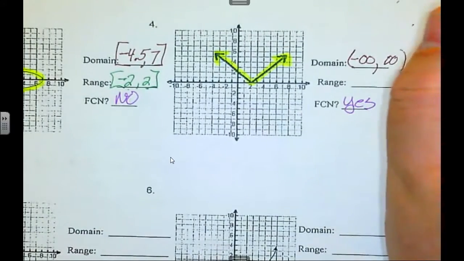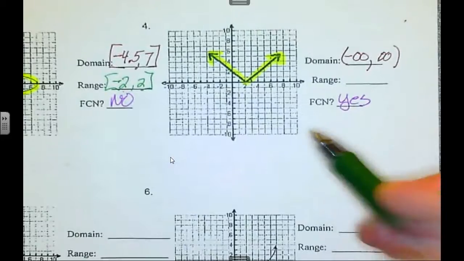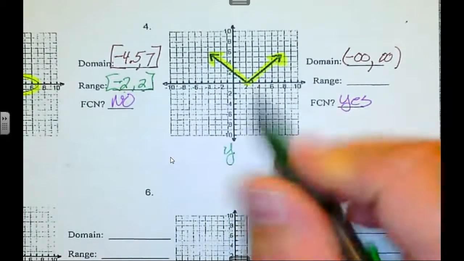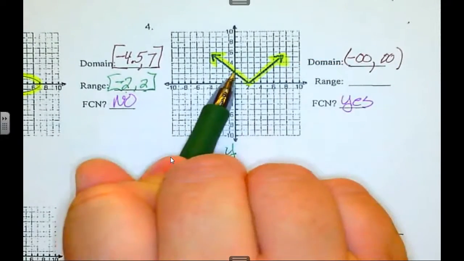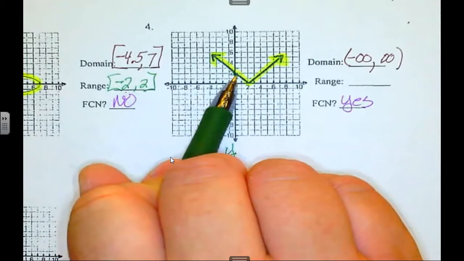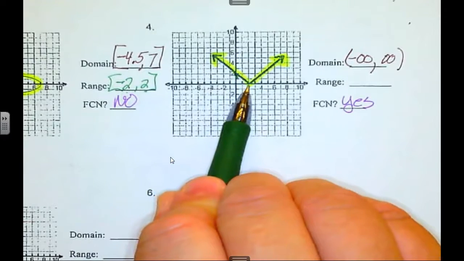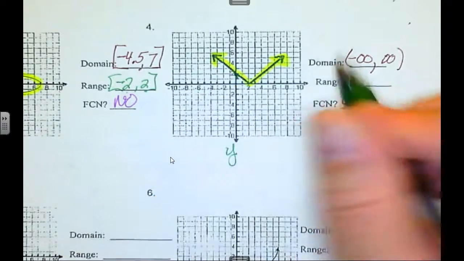How about my range? Where does it start? 2. This is my y-axis, so it starts here. I see y values lower than 2. There's my lowest y value, which is 0.